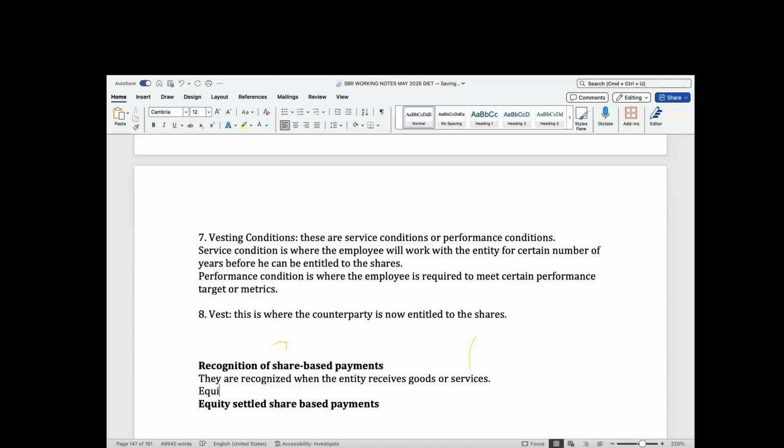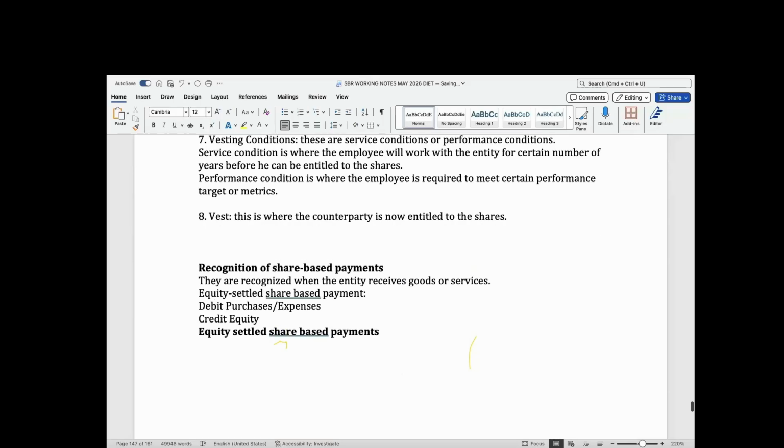So for equity settled share-based payments, we'll recognize it in our books by a debit to, like I've told you already, either purchases or expenses, and a credit to equity.